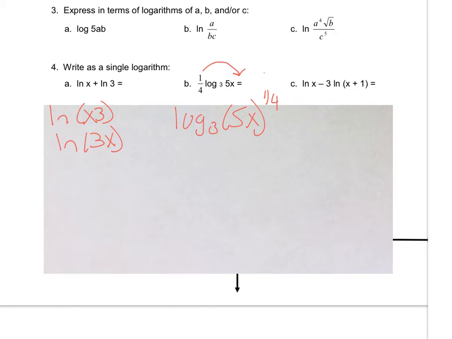C I'm going to do in 2 steps. First, this coefficient becomes an exponent. And then the subtraction tells me I can rewrite it as a quotient with division.